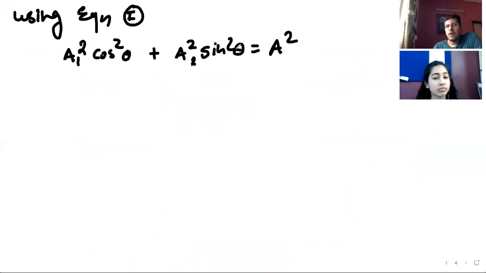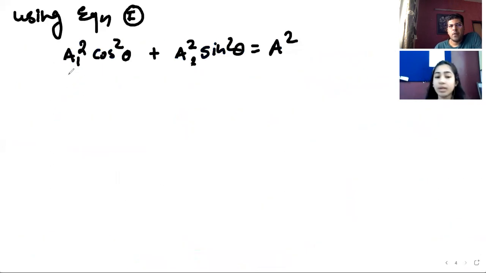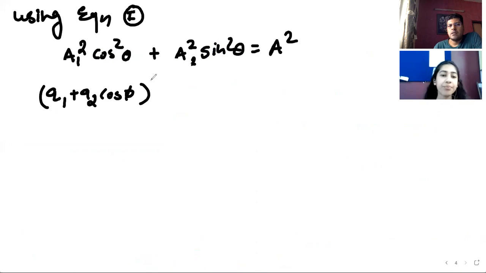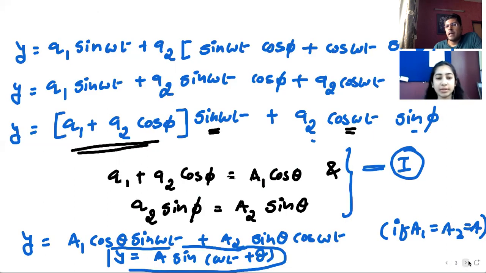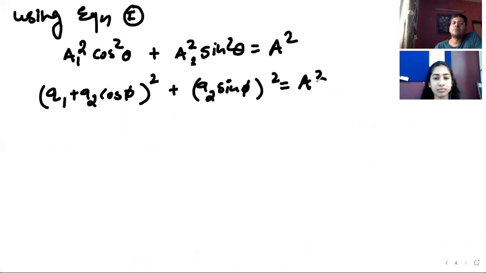So I am putting that a1 plus a2 cos phi, it's a square, plus here it is a2 sin phi, square, equals capital A square.